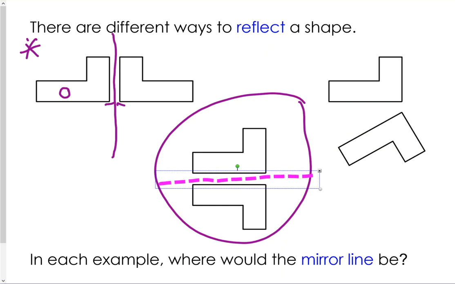Lastly, consider where the mirror line would be for the next set of images. In this unit, we will not typically have mirror lines on a diagonal, but this is the case in this example.